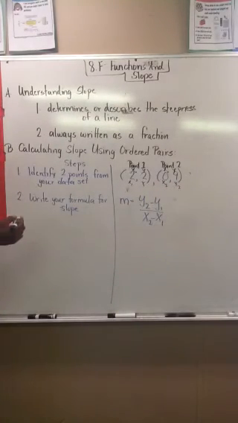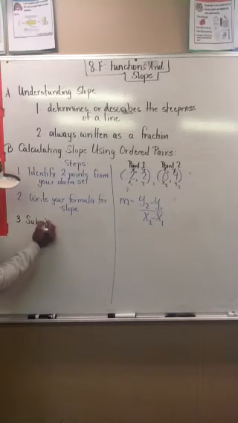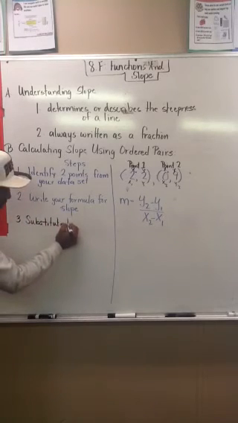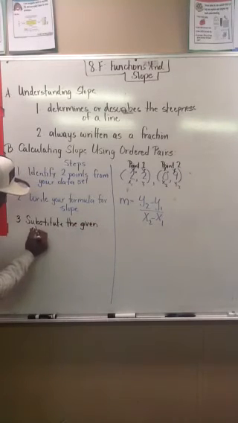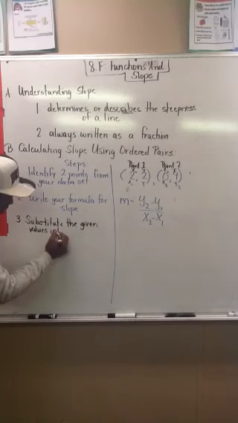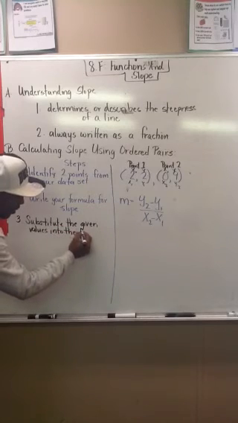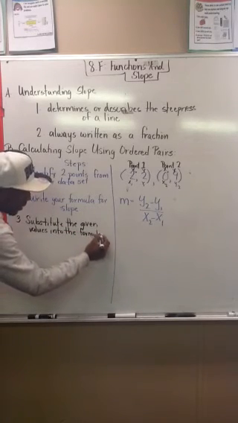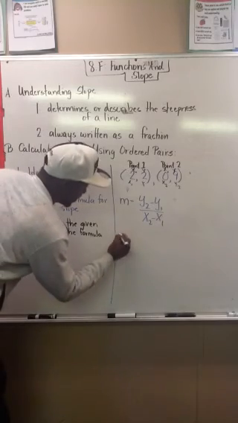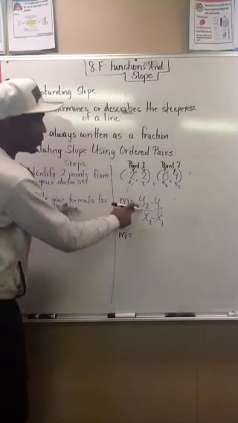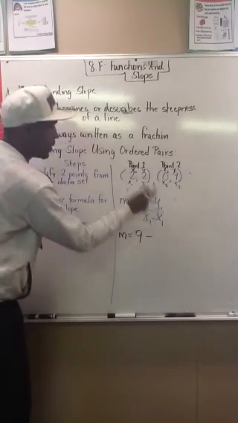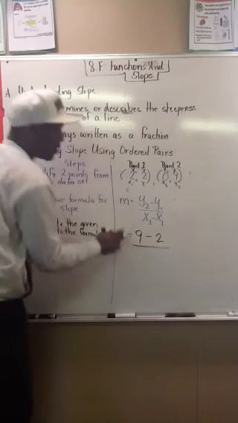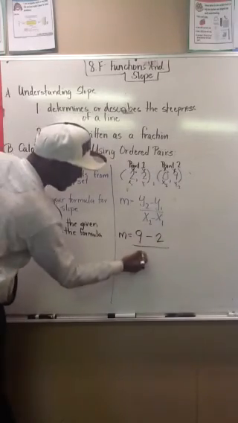So now, you substitute the given values into the formula. Okay? M equals y2. What number is y2? 9. What number is y1? 2. What number is x2? 0.